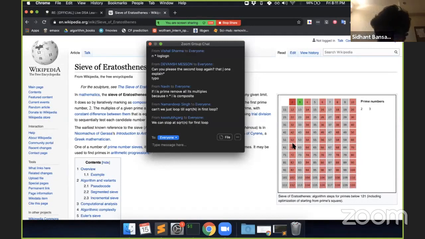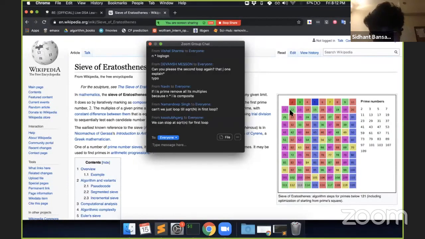Striking off in our code means setting the composites as 1. When 3 is prime, you again strike off all the multiples of 3, which is 6, 9, 12, 15, and so on. Obviously, there will be duplicates. 6 got striked off twice, 9 got striked off once, but 12 got striked off twice, once because of 2 and another time because of 3. But it doesn't matter if a number gets striked off twice, right? And so on.